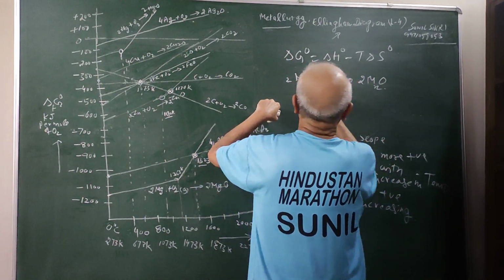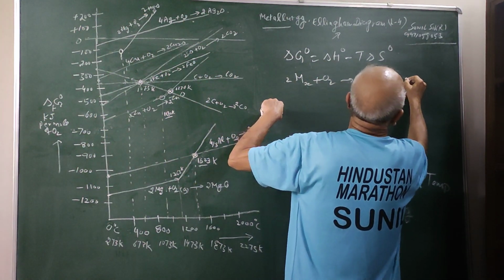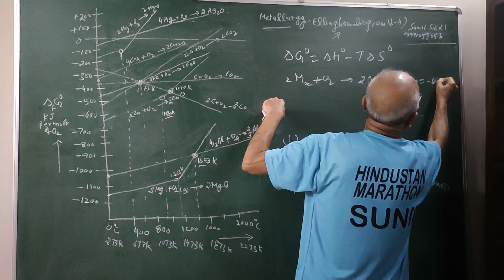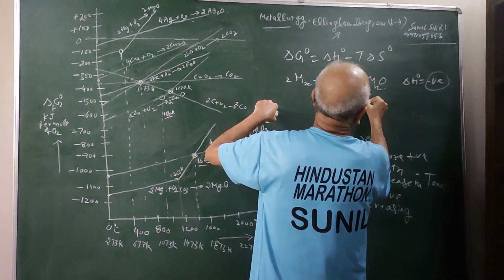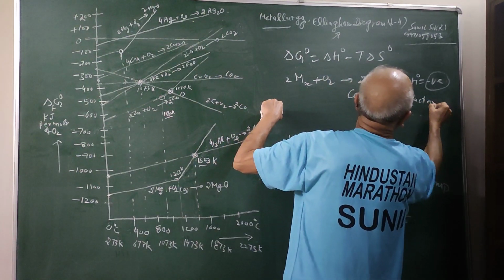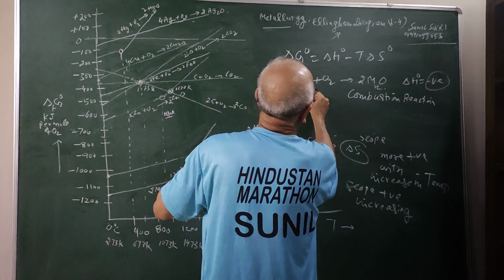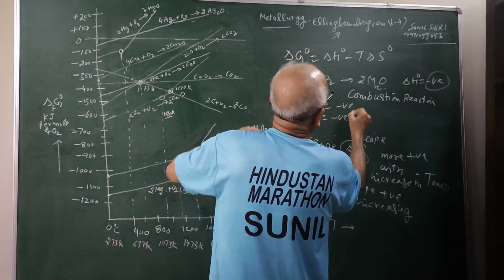A valency of the metal ion. If I am forming these oxides, students, delta H will be negative for these reactions. Why? Because this is a combustion reaction. Delta H is negative and delta S is negative here.